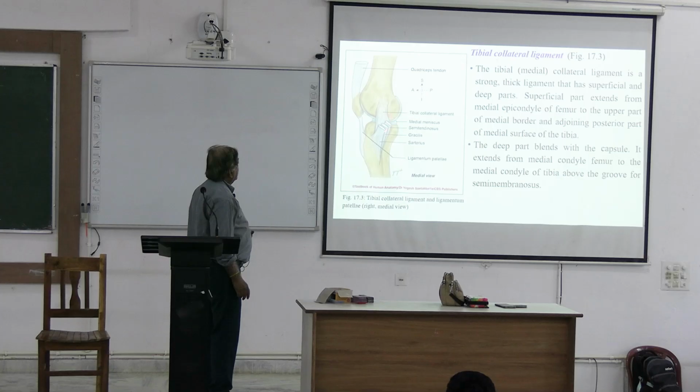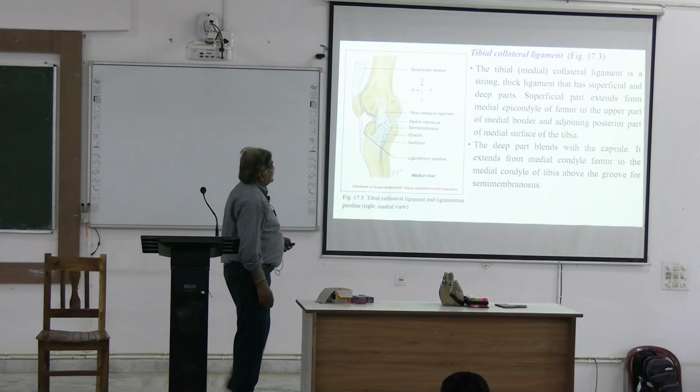And this is semitendinosus, gracilis and sartorius. This is the ligamentum patellae, quadriceps tendon. Now the deep part blends with the capsule. It extends from the medial condyle of the femur to the medial condyle of the tibia above the groove for semimembranosus. This is the semimembranosus.